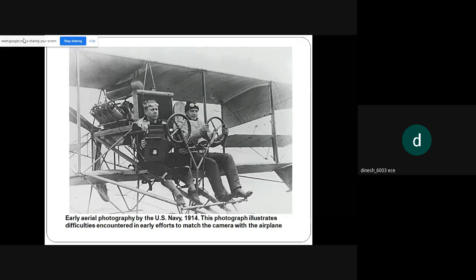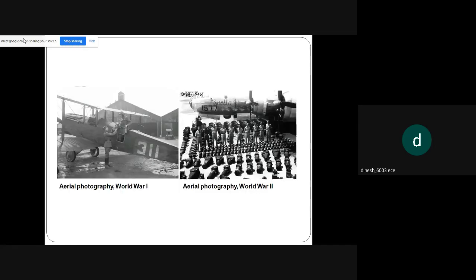This is early aerial photography by the US Navy, 1914. This photograph illustrates difficulties encountered in early efforts to match the camera with the aeroplane. Then aerial photography during World War One, the crew of that, and aerial photography during World War Two, the crew of that. You can see cameras here. All these are cameras which were used to take photographs of enemy countries.